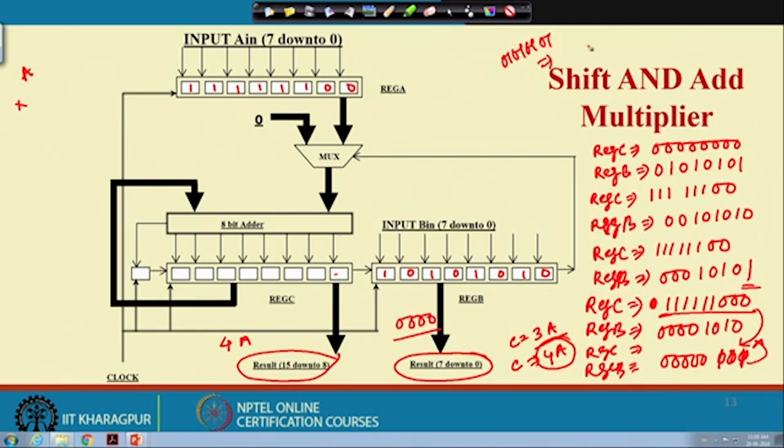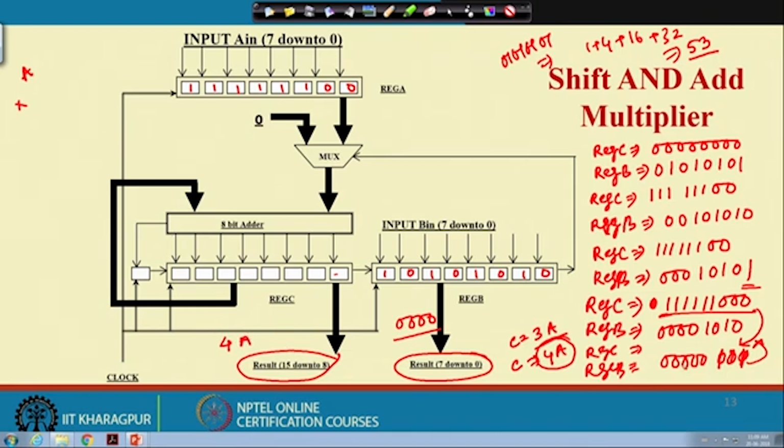So, the value of this is 1 plus 4 plus 16 plus 32, so that means total 53.